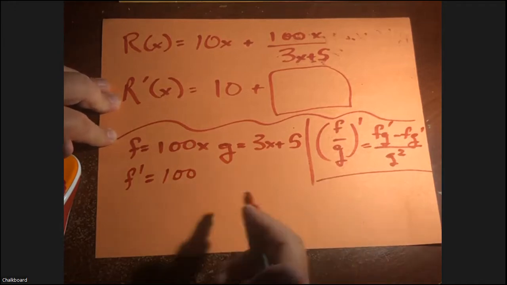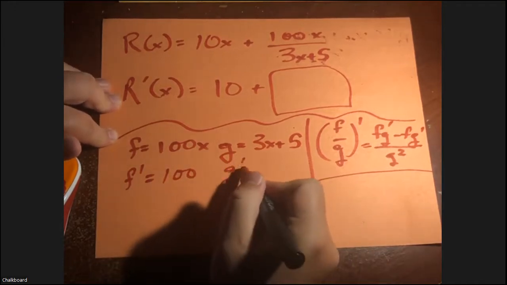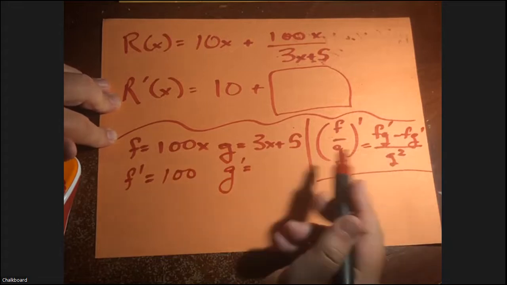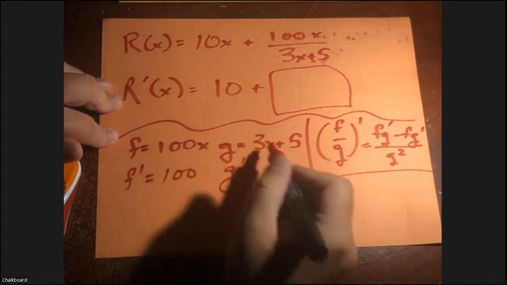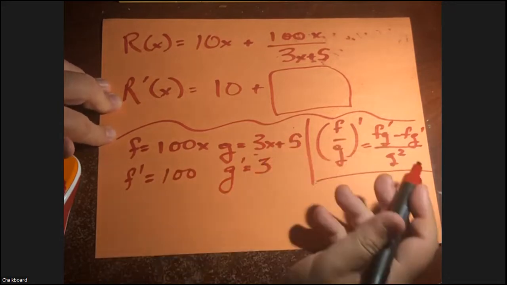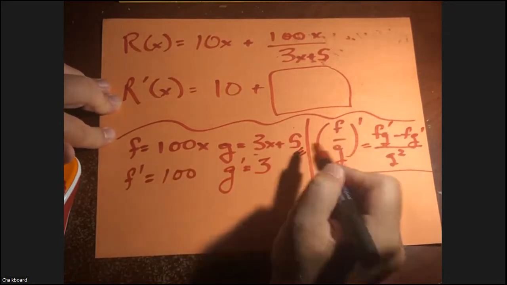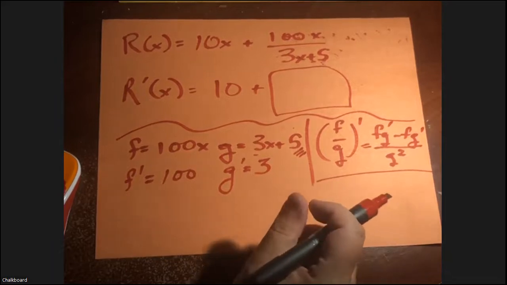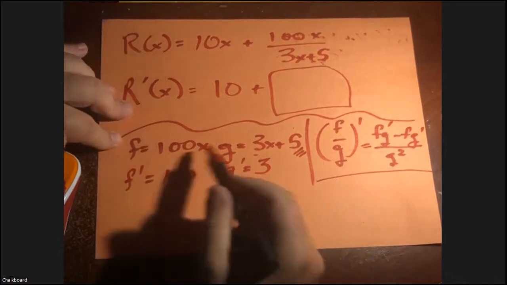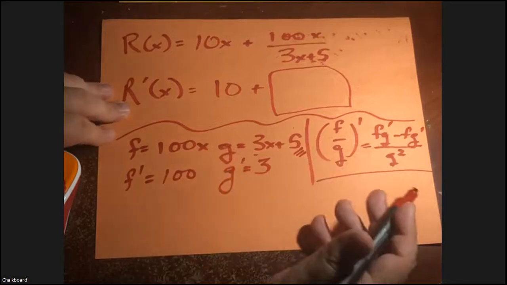The x drops. Then to find g prime, once again, the sum rule applies here. 3x plus 5 is a sum. The derivative of 3x, like 100x, is the coefficient. It's just a 3. The derivative of 5, since 5 is a constant, we're going to let it evaporate, right? The derivative of any constant is nothing. It just goes away.